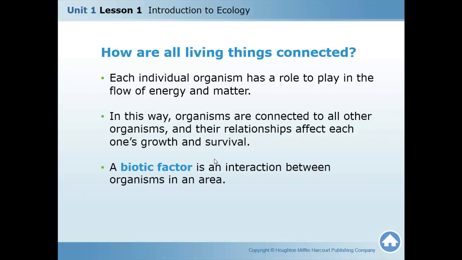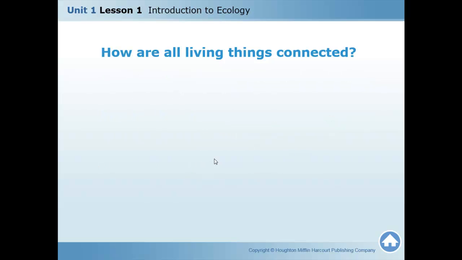So we have two terms that describe the environment. First one, biotic factor. Biotic factor is an interaction between organisms in an area. So when living organisms interact with each other, we call this biotic factor.